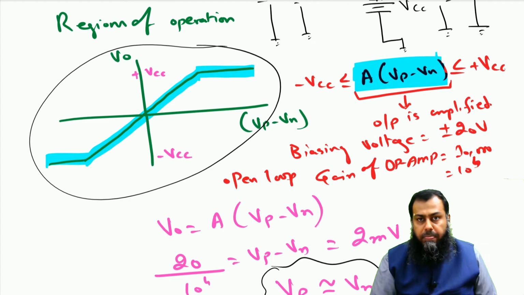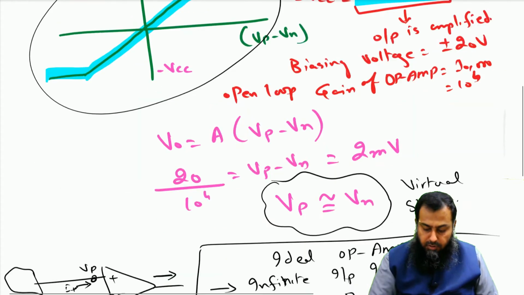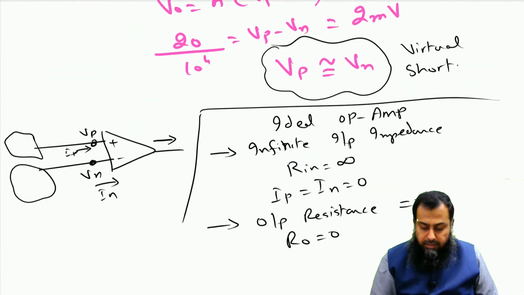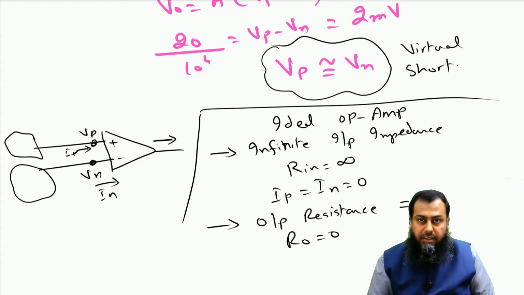To understand this, we need to analyze it mathematically using circuit analysis technique and these two important parameters, the virtual short concept and the constraints of the input currents. After applying these two on an operational amplifier circuit, we are able to tell whether it is working in a linear region or not.